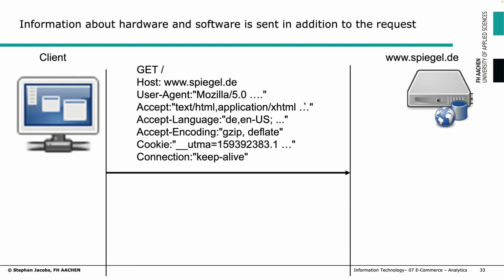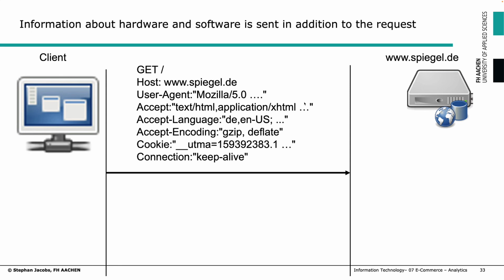So actually, let's again have a look at our communication, and when we send this GET request, we put some additional information in here. So here, for example, you see our user agent string Mozilla 5.0. You see it's a German web page. You see encoding, we prefer gzip over deflate, and so on and so on.